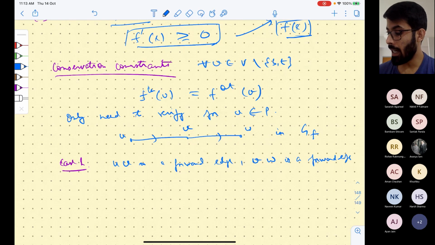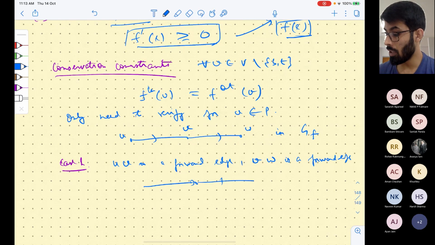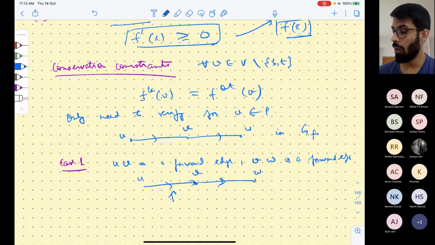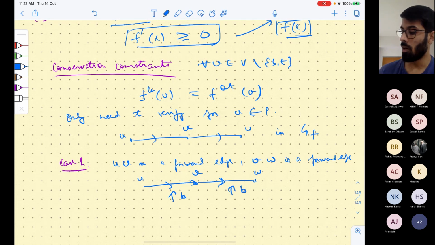right? Then in that case, there are these 2 edges in G, which are in the same direction as in GF, for which the F value has changed. And this one goes up, the F value goes up by whatever B. Here also the F value goes up by B. Nothing else changes for V. So F in is equal to F out.